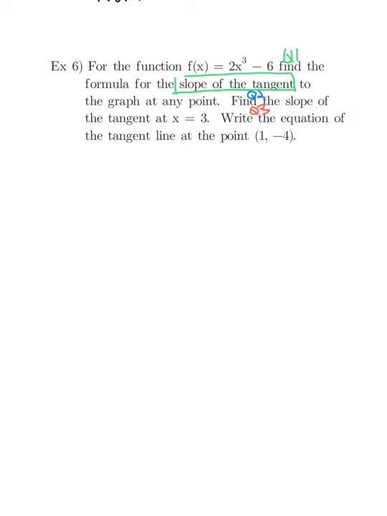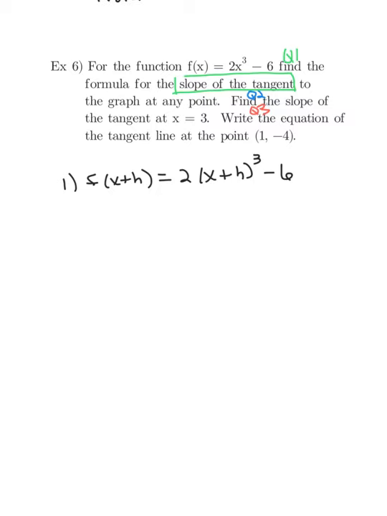So for step 1, we need to do f of x plus h, which is going to be 2 times x plus h, which we must cube, minus 6. The reason that I'm doing this problem with you is because I am not going to ask you to, on your own, do the third power of x plus h.